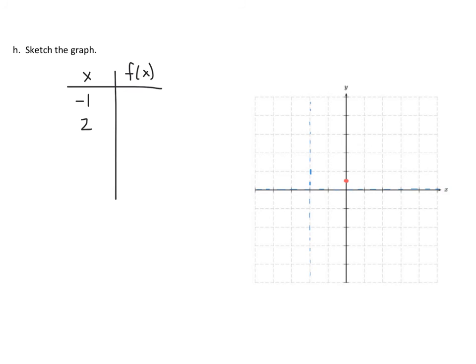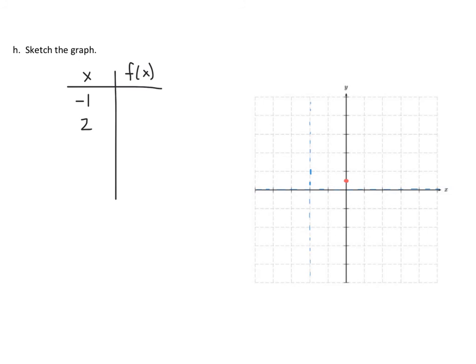Let's begin by drawing the right side of the graph, so everything to the right of the vertical asymptote. We said everything to the right of the vertical asymptote is decreasing and also concave up. To help us out with graphing this, we can choose a couple x values to plug into the function.